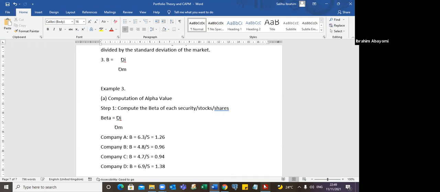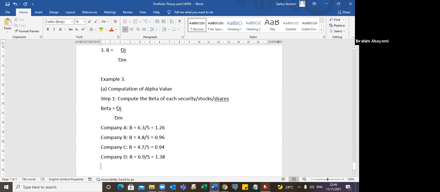So you have computed the beta of the security. This is how to compute beta. It's no more than this. You have computed beta of the security. Now you go and compute what? That's step 2.